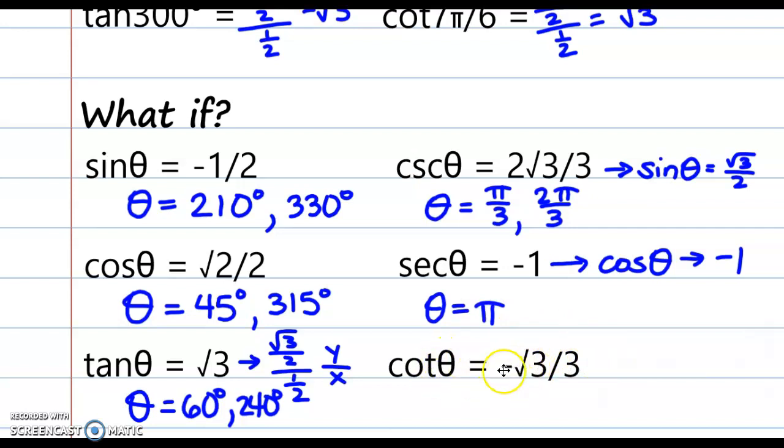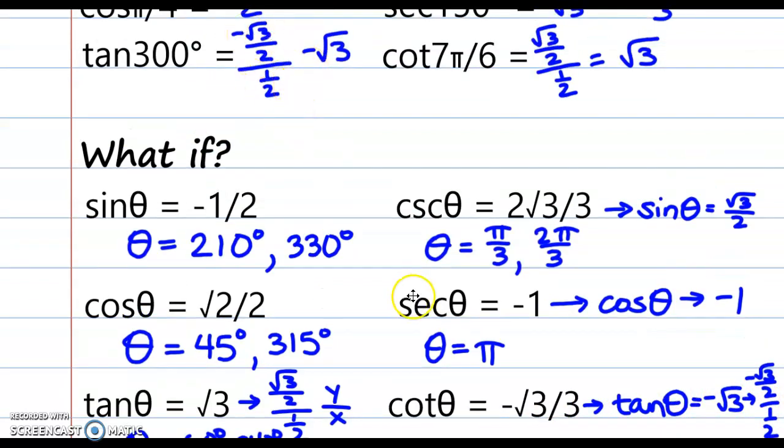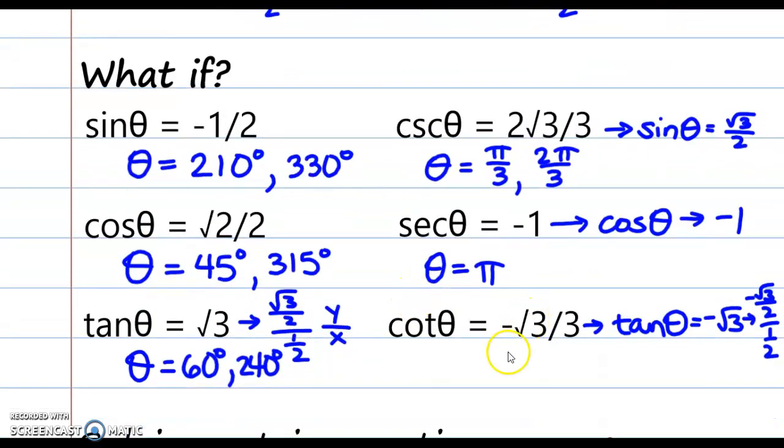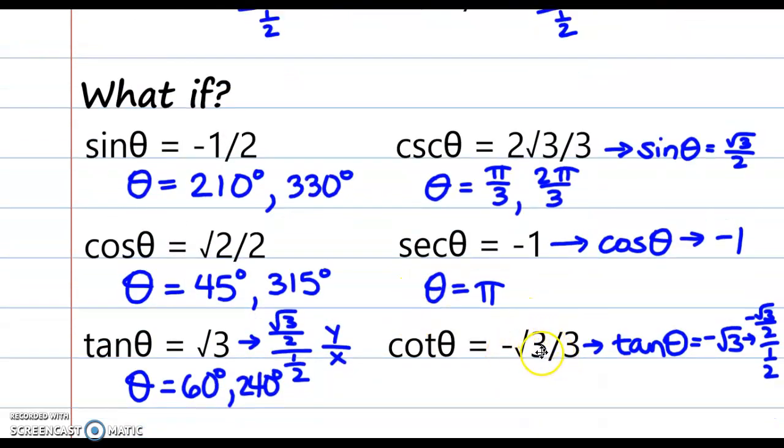And cotangent theta, the only way to get negative square root of 3 over 3 is if our tangent, or our reciprocal, is negative square root of 3 over 2 over 1/2, because we need to get the reciprocal, and so it simplifies exactly the same way this one did. Or if you don't want to think about it in terms of reciprocals, you could think of it directly: I need my x to be 1/2 and my y to be the square root of 3 over 2.